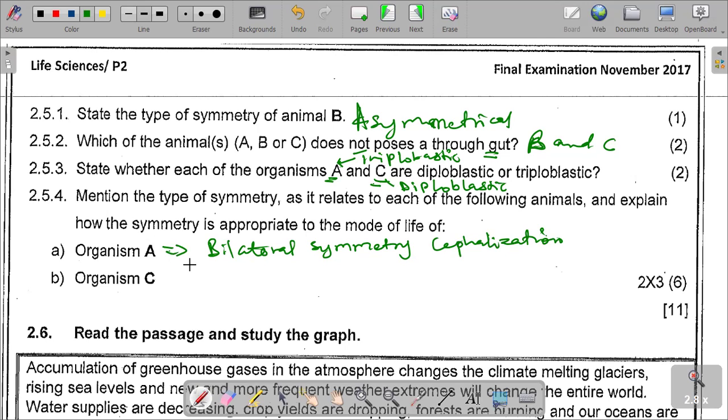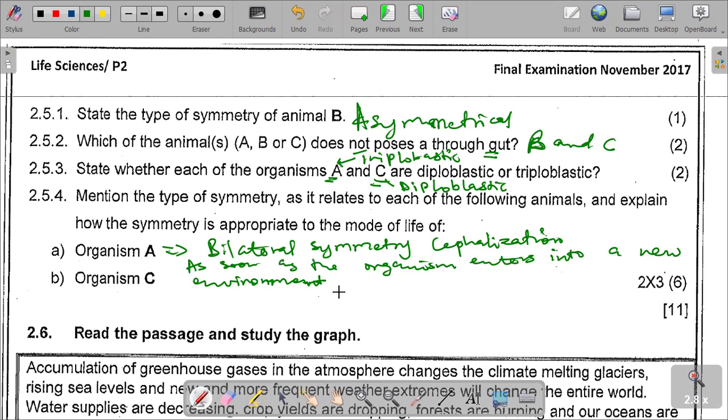That's one thing that happens there. That is A.